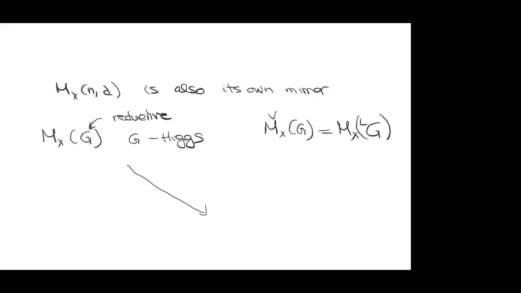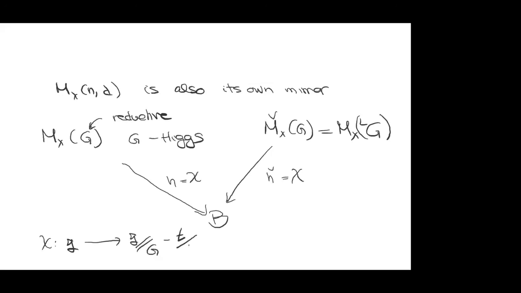So we also have a notion of a Hitchin map, which can easily be defined through the Chevalley morphism. The Chevalley morphism goes from the Lie algebra to the quotient, which can be realized as a quotient of the torus by the Weyl group.